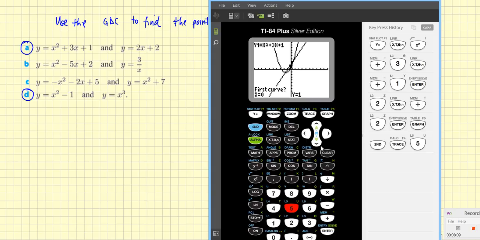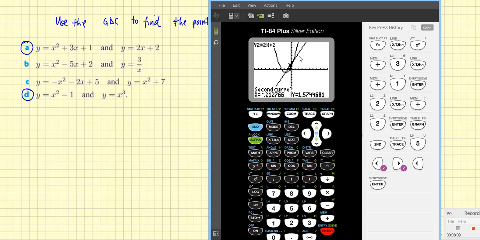And what you're going to see here is that you have a flashing cursor, which is showing me that it's on one of the curves. So right now, if I move this back and forth, I see that it is on the parabola. So the calculator is asking me if my first curve is the parabola, and so I press enter, and I say yes.